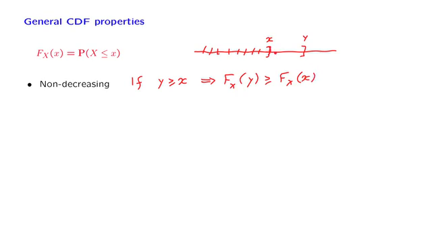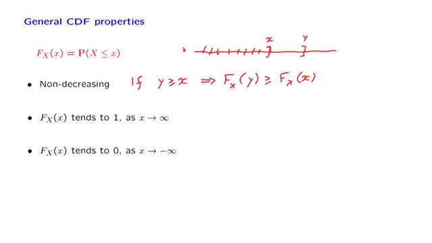Other properties that the CDF has is that as x goes to infinity, we're talking about the probability essentially of the entire real line, and so the CDF will converge to 1. On the other hand, if x tends to minus infinity, so we're talking about the probability of an interval to the left of a point that's all the way out, further and further out, that probability has to diminish and eventually converge to 0.